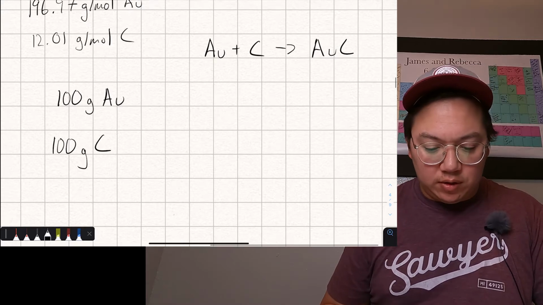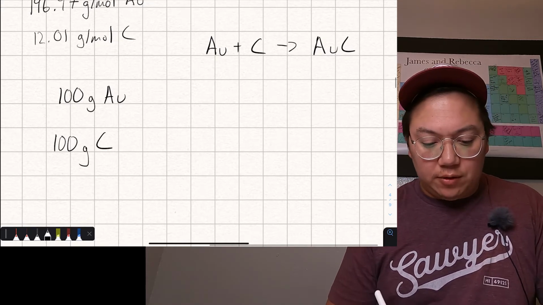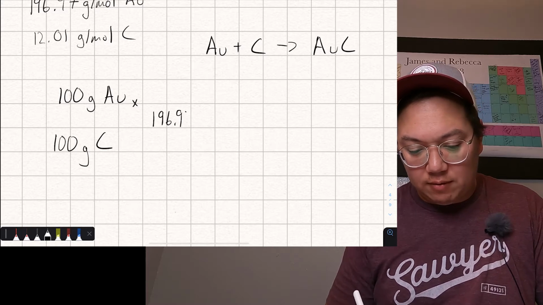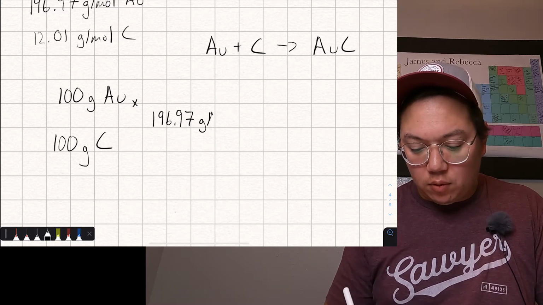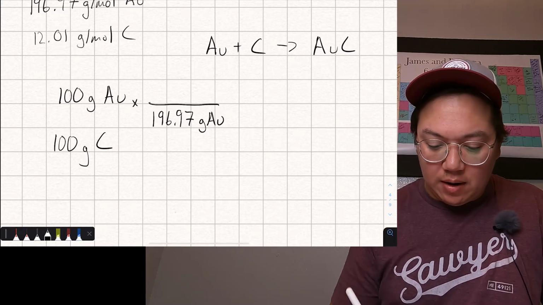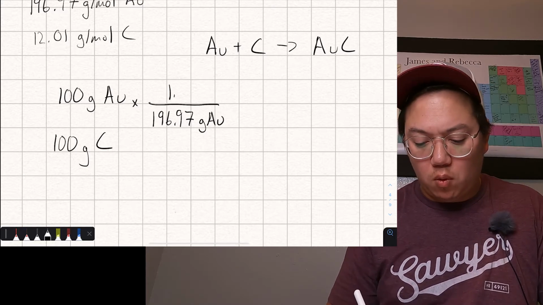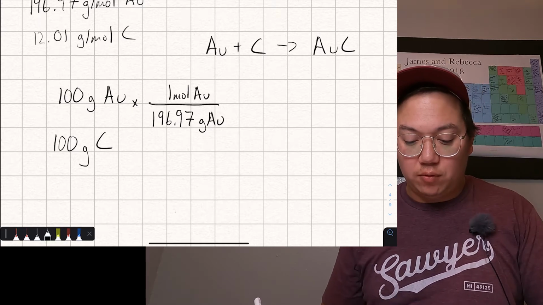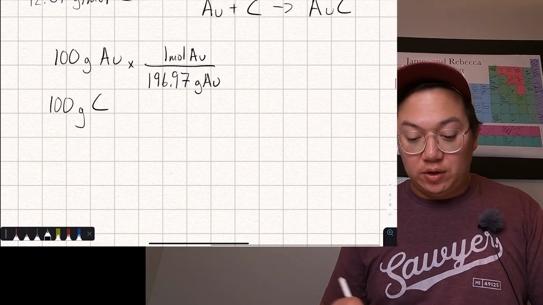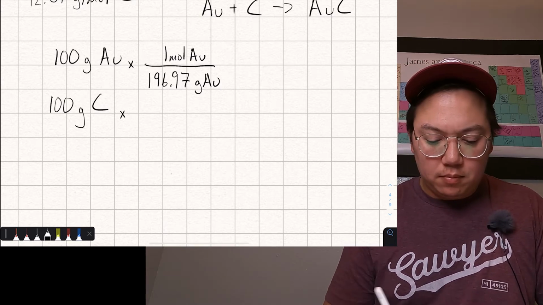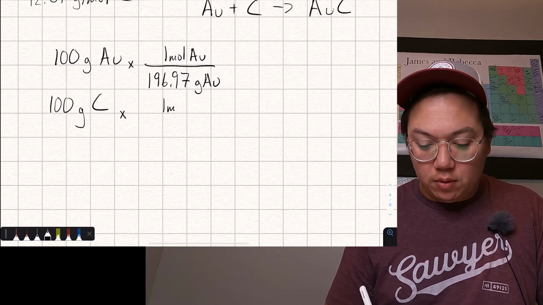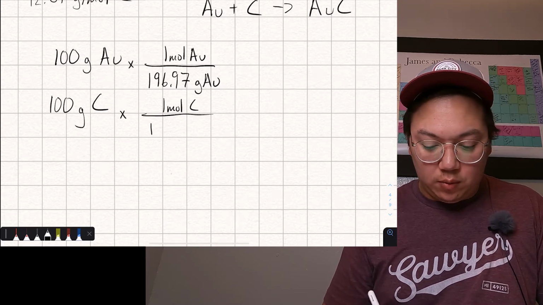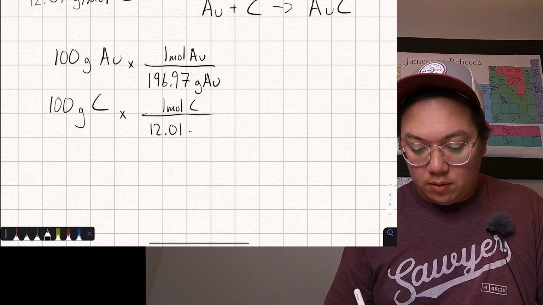So let's convert this and you'll see what I mean. We're going to divide by our atomic mass: 1 mole of gold divided by 196.97 grams of gold. And then we're also going to do 1 mole of carbon, and that's 12.01 grams of carbon.